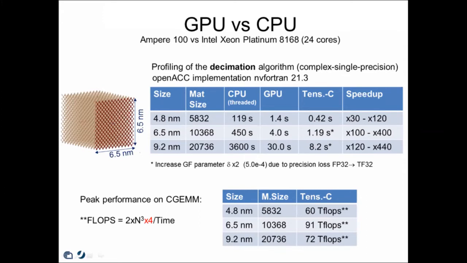Clearly, increasing the size of the cross-section, we get better because we are more numerically intensive, and from a factor of 30 speedup comparing single precision CPU versus GPU, we have already a factor of 30 up to 100 of speedup. And when we activate the Tensor cores, this jumps up to 100 to 400. So very, very surprising when we apply the Tensor cores. And indeed, we reach peak performance that can go up to 90 teraflops, where the flops are now Tensor flops.